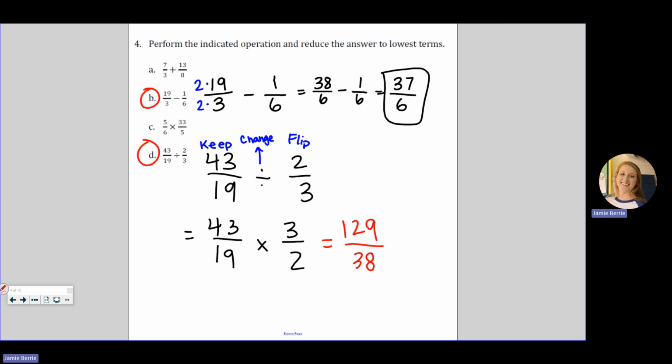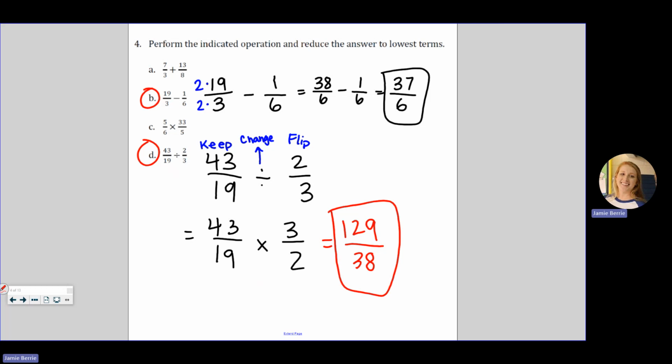I feel like it doesn't. So I'm dividing 129 by 2, by 3, by 4, seeing what goes into it. Nothing goes into both of those. 3 goes into 129, but it doesn't go into 38. 2 goes into 38, but not into 129. So we are done with this one. It is in lowest terms.